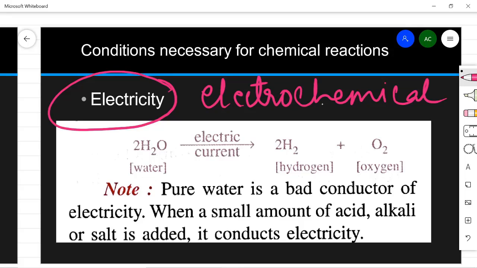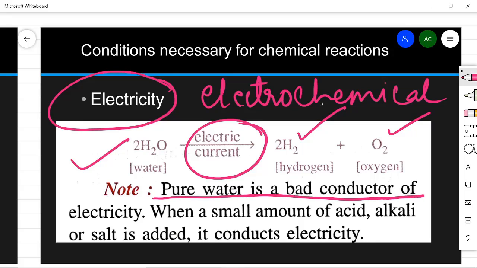This is the example. When you want to separate hydrogen gas and oxygen gas from water, you have to pass electric current, and then only hydrogen gas and oxygen gas you can get. And one thing you have to remember, that pure water is a bad conductor of electricity. Okay, distilled water, which is the purest water, is a bad conductor.